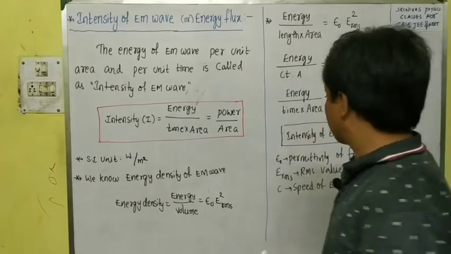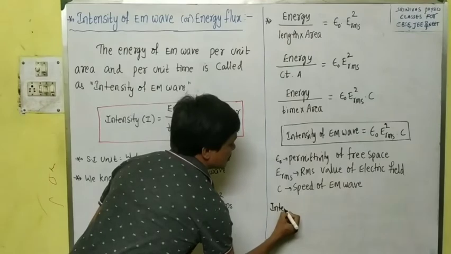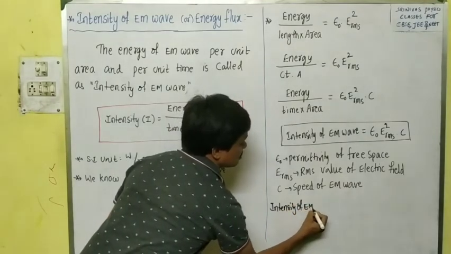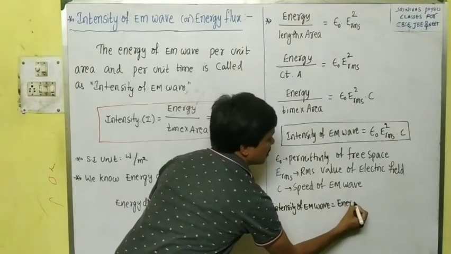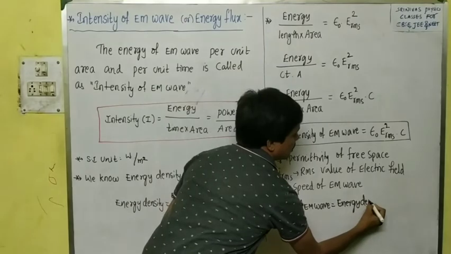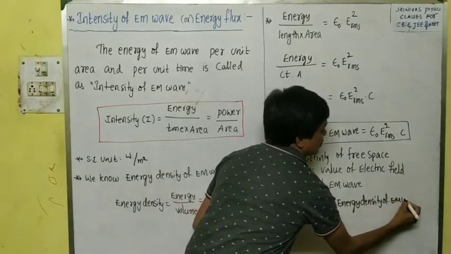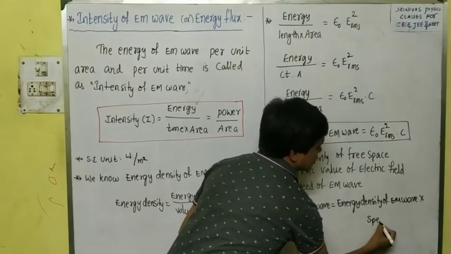We can write one equation from that: intensity of EM wave is equal to energy density of EM wave into speed of EM wave, right?